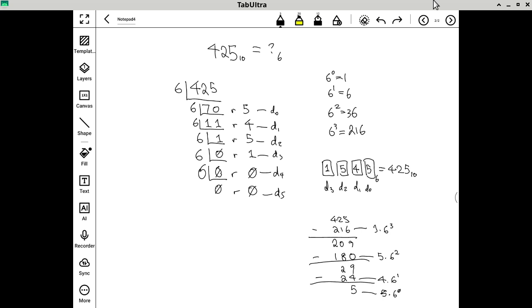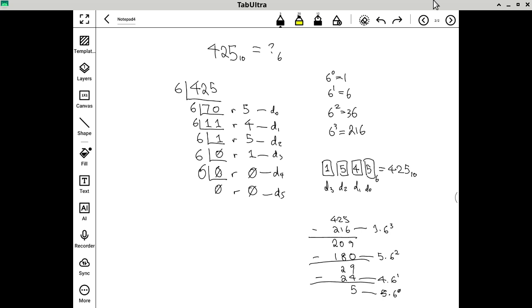Another way to look at this, which I'm not going to document using the tablet, is to think about a really strange currency system where you have $1 bills, $6 bills, $36 bills, $216 bills, and so on. In other words, the amounts of the dollar bills are always a power of 6. Forget that.